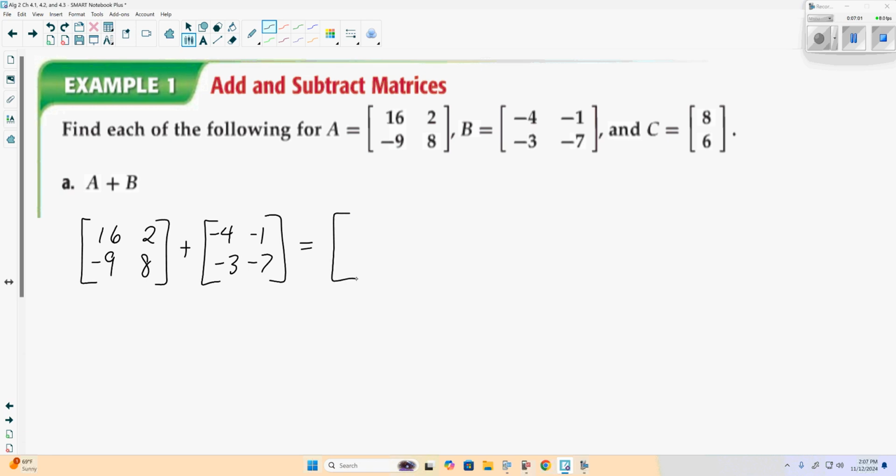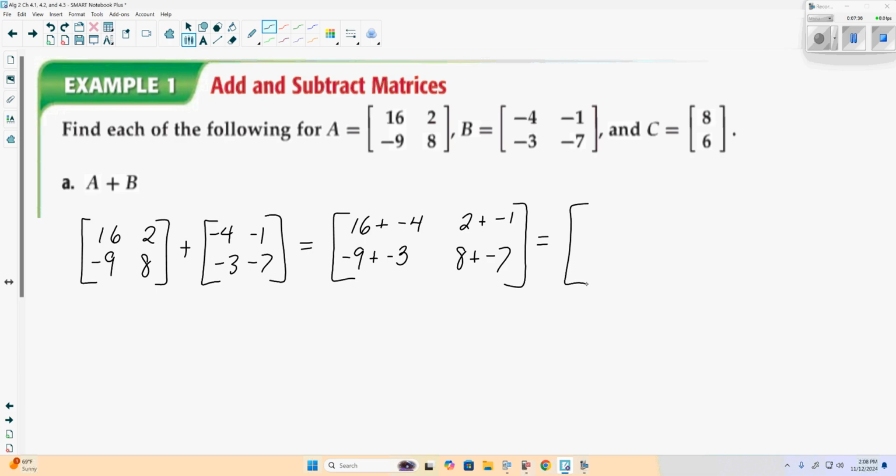And whenever we add two matrices with the exact same dimensions, we add the corresponding elements. So 16's corresponding element would be what? -4. 2's corresponding element would be -1. -9 and -3. And 8 and -7. We add the corresponding elements together, the numbers that are in the same spot.